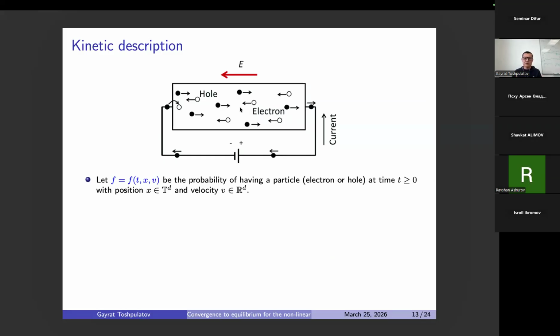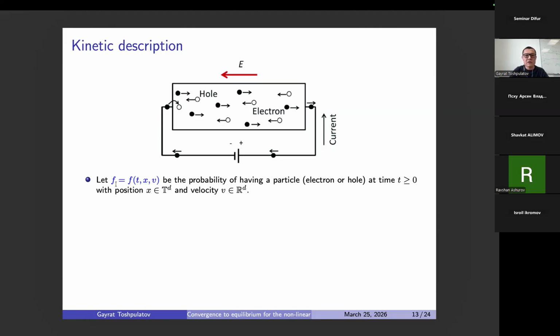As I told you before, we can write some ODEs to study each individual particle. But again, we have a large number of particles, and we cannot study them by using Newton's law and classical mechanics. So we can study the evolution of these particles from a kinetic point of view.